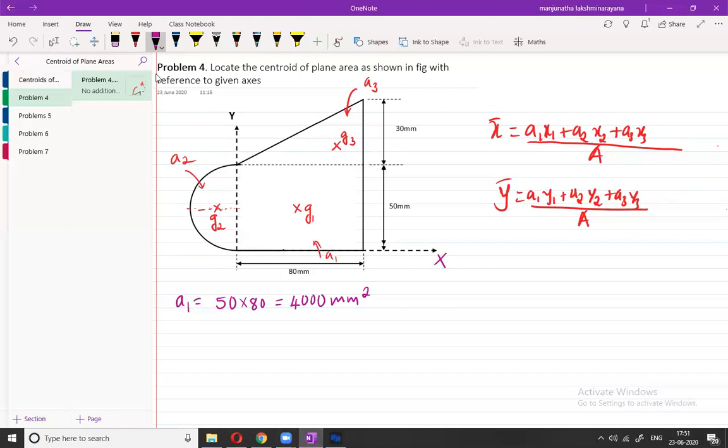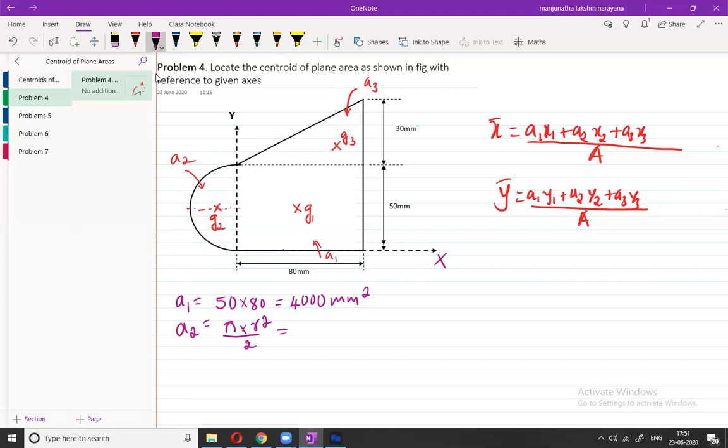Next, A2, the area of the semicircle, is given by pi r square by 2. What is the radius of this semicircle?